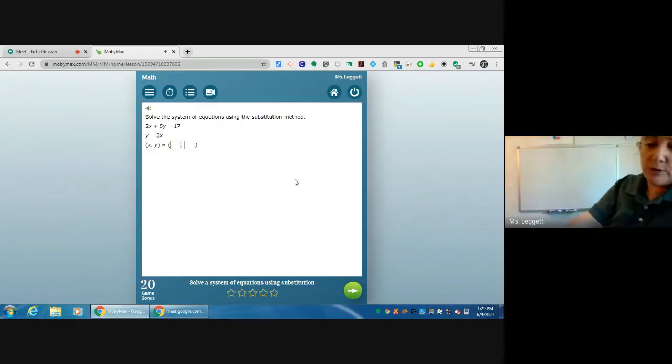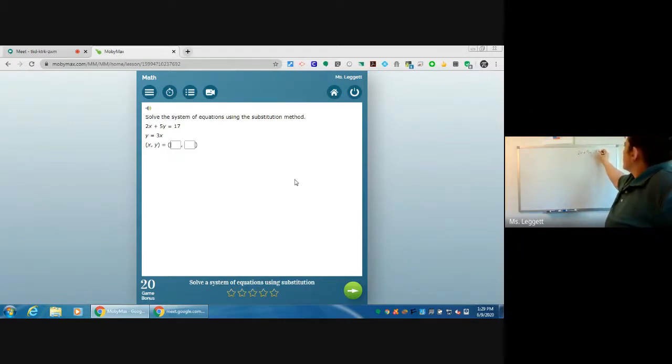So I'm going to start by writing this on the board, and then I'll show you the steps. So 2x plus 5y equals 17, and y equals 3x.